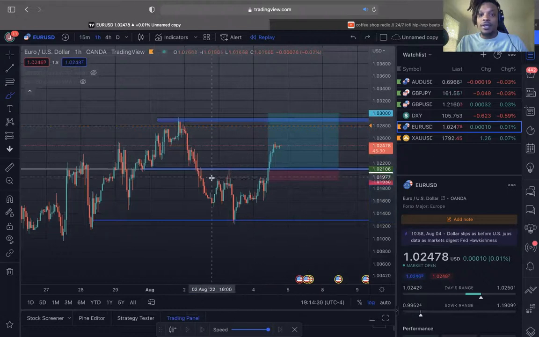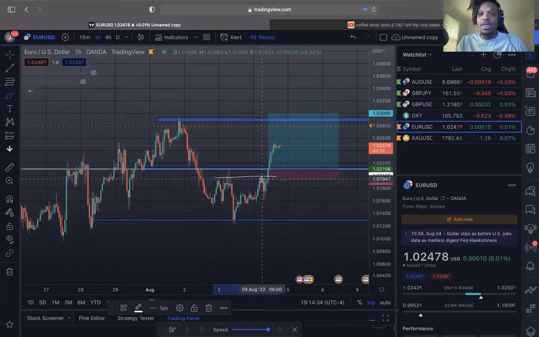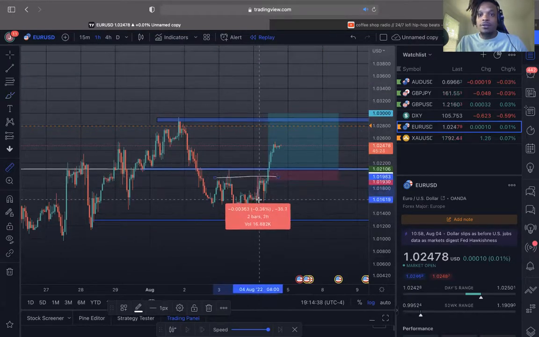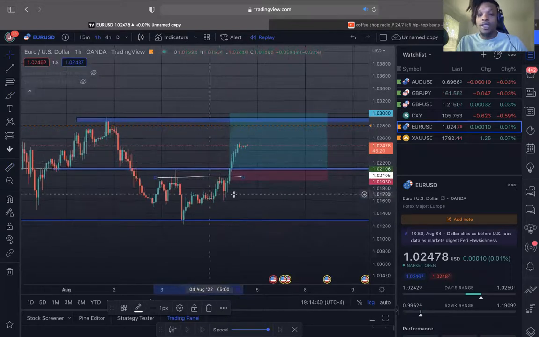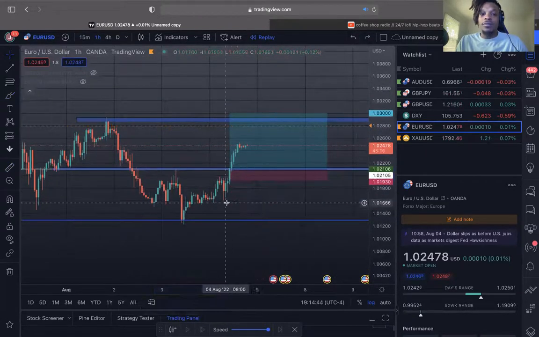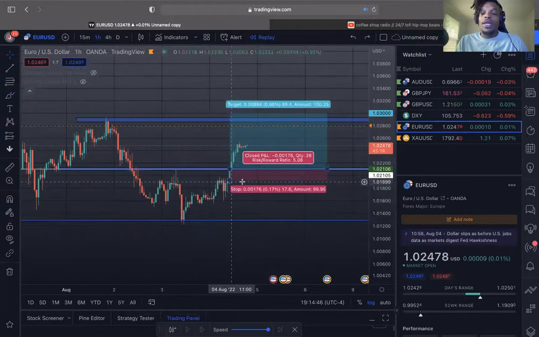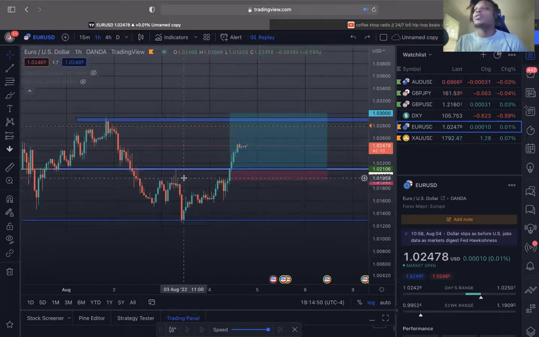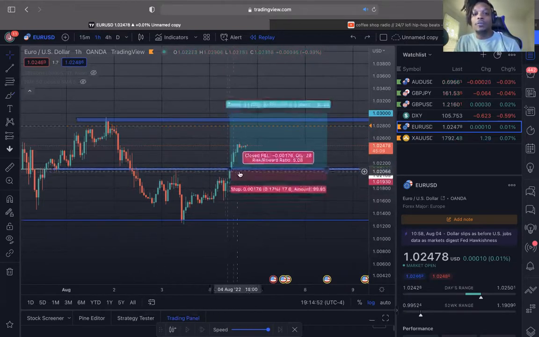But then I saw that this market could potentially come back up and sell. It came back up and sold at this area, and it was like 36 pips. I was not able to catch Euro USD because it was not giving me what I wanted. So I actually said I'm not going to trade. I came back later and I saw that this structure was broken.